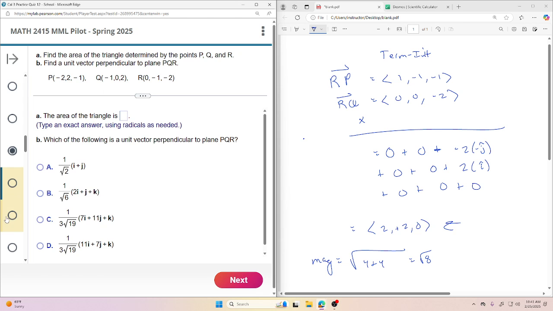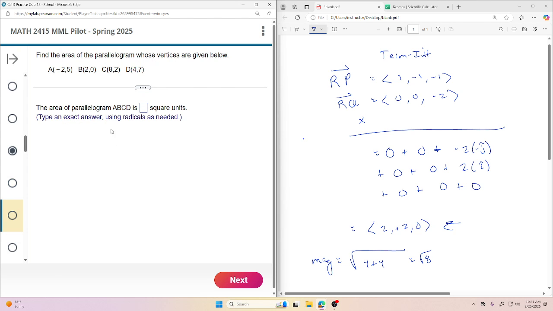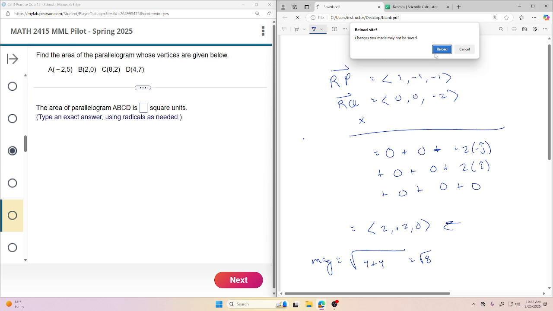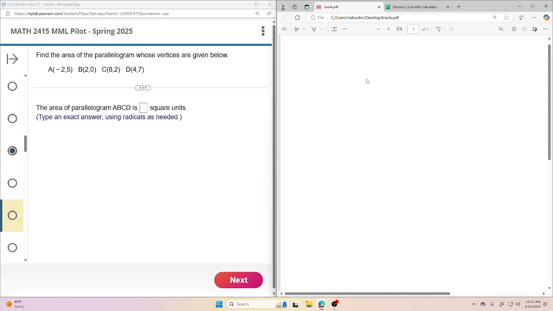Same thing, copy paste. Parallelograms, the same thing. You choose 3 of these. You don't choose all 4. What I recommend is kind of mini graphing it and just seeing which ones you want. So here, let's do this. I might not do the whole thing, but I do want to just preliminarily see where we are.